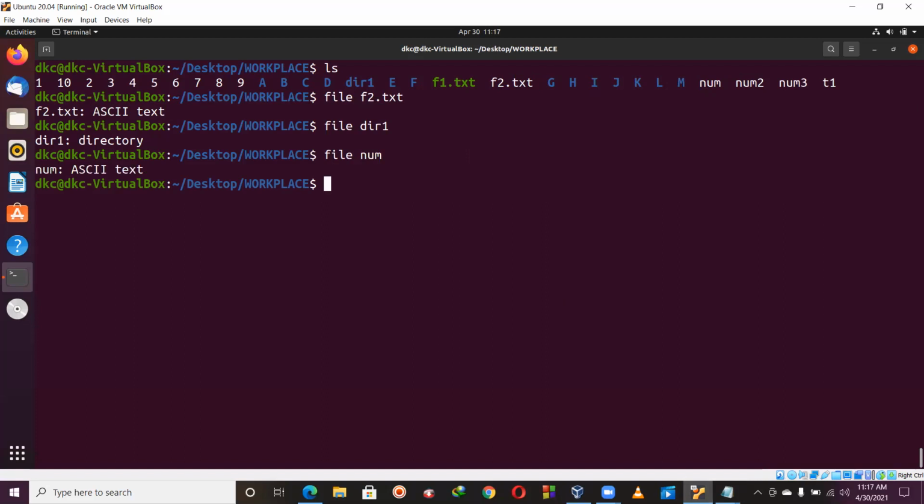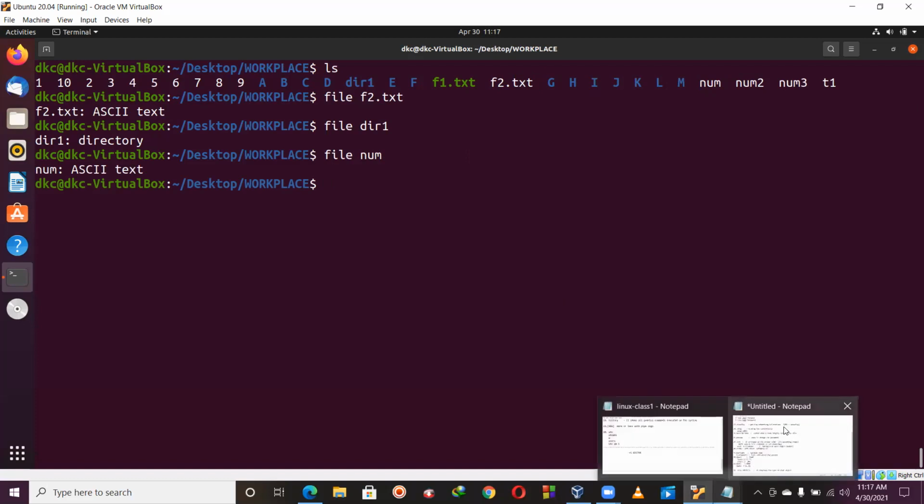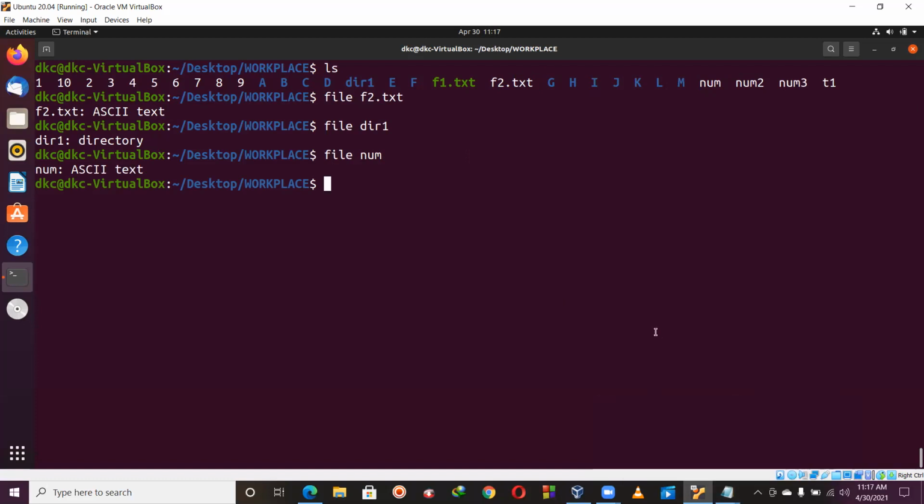Got it, all of you? Clear? Don't be confused. Next one. Remember, very simple: I only want to know whether it belongs to a file or a directory. That's all. Which category within the file, it won't give you. For that, we have to use another command, which I didn't teach you.